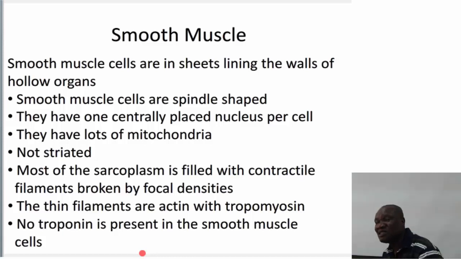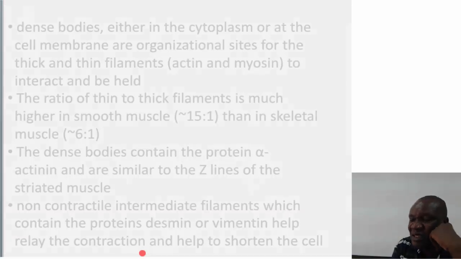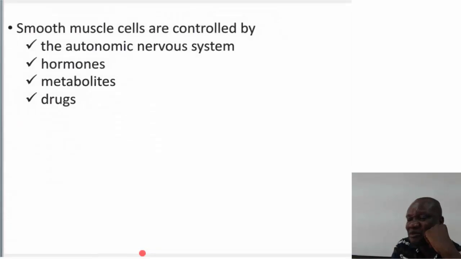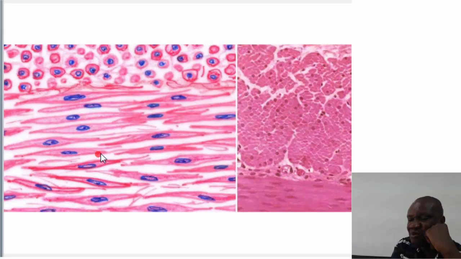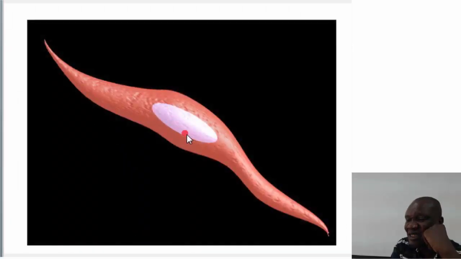Now we're looking at smooth muscle. The smooth muscle, usually these are in the form of sheets and they line the walls of hollow organs. Smooth muscle cells are spindle in shape, and they have a single centrally placed nucleus. So that's a typical structure of the smooth muscle cell.